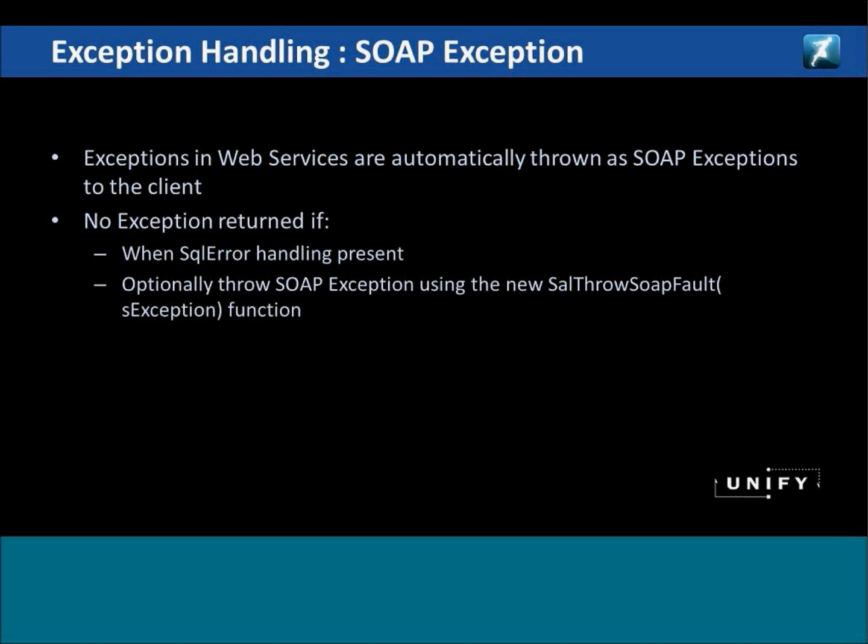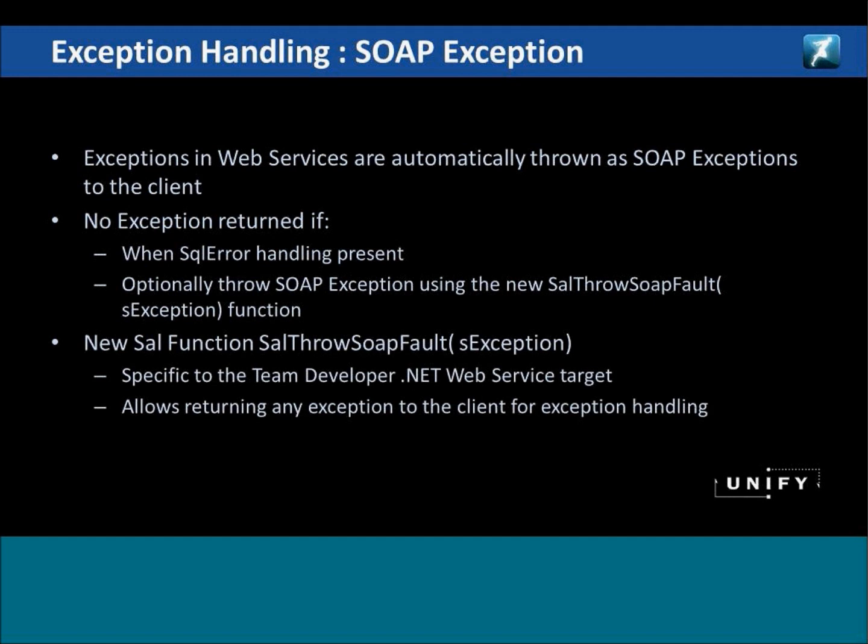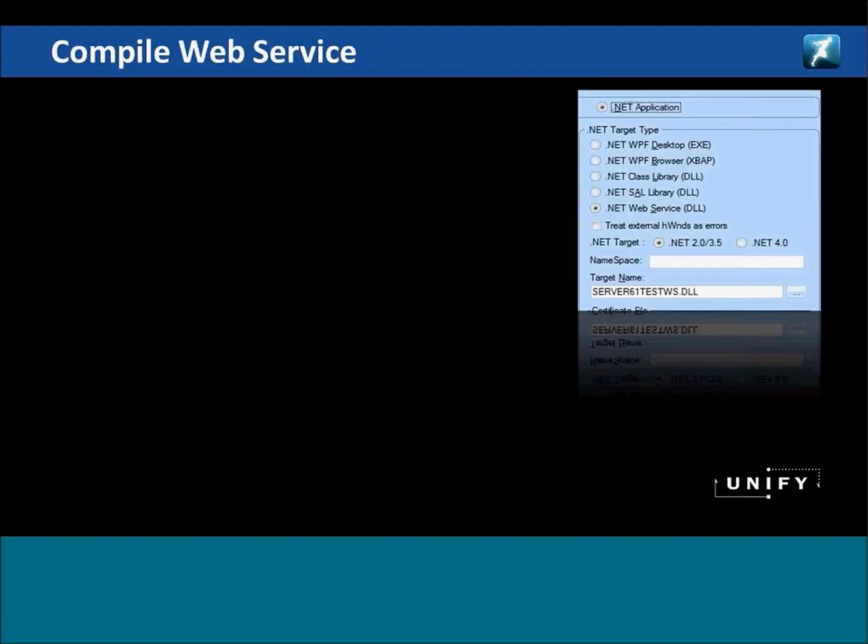There's a new Team Developer call called SalThrowSoapFault, which allows you to send an exception message to the client, so the client application knows something has gone wrong in the web service. So you can either have .NET handle that for you, or you write it on your own using When SQL Error and SalThrowSoapFault. So exceptions in web services are automatically thrown as SOAP exceptions to the client. We had that before.